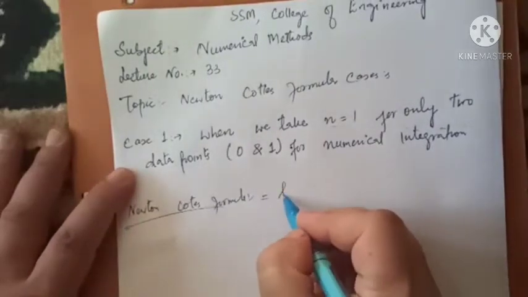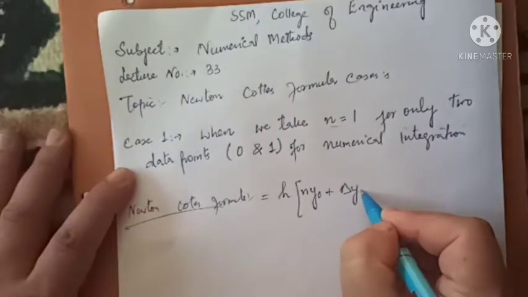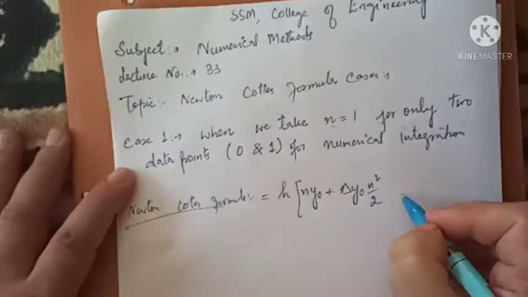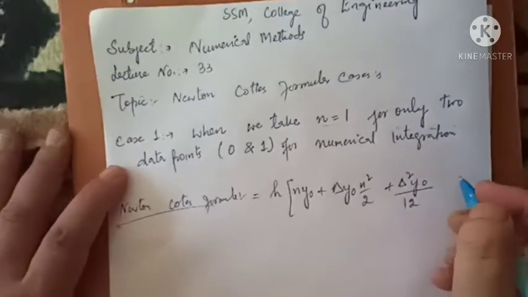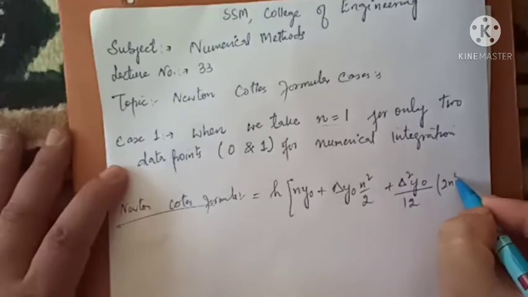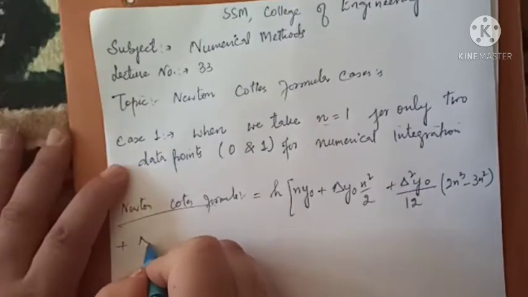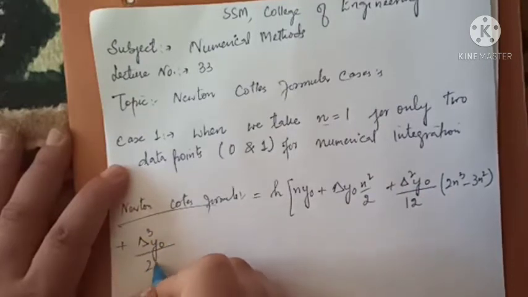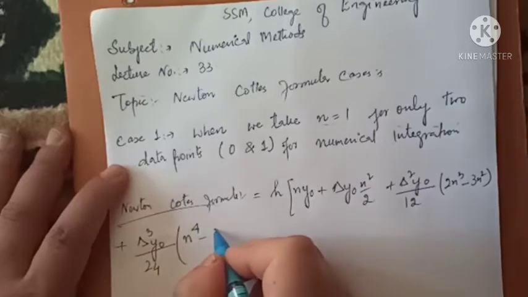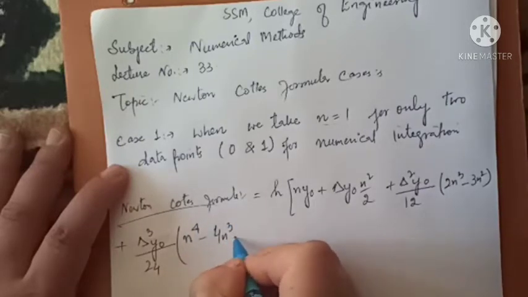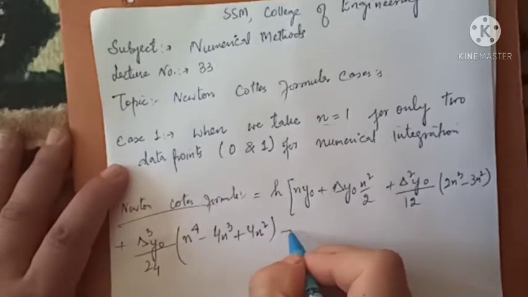That was h times n y0 plus delta y0 n square divided by 2 plus delta square y0 divided by 12 into 2n cube minus 3n square, plus delta cube y0 divided by 24 into n to the power 4 minus 4n cube plus 4n square, and so on.